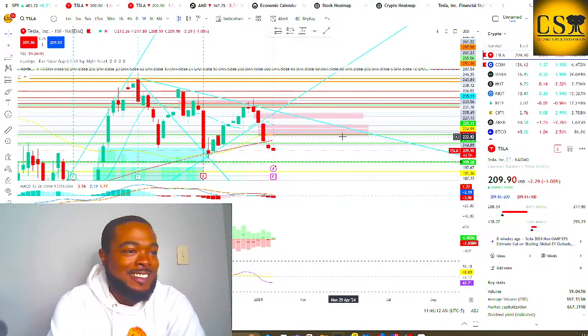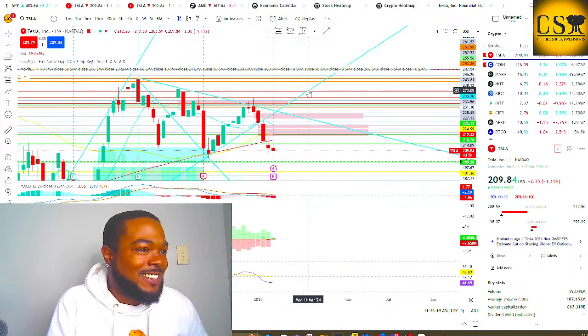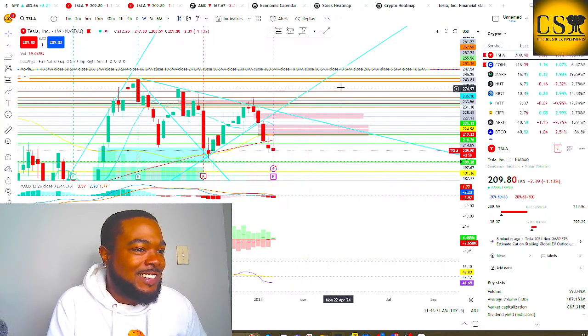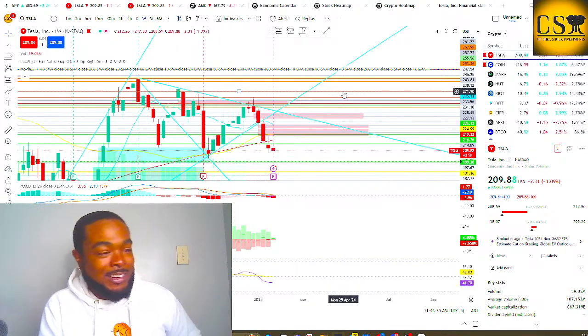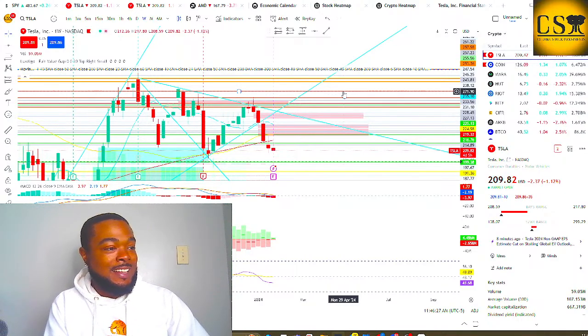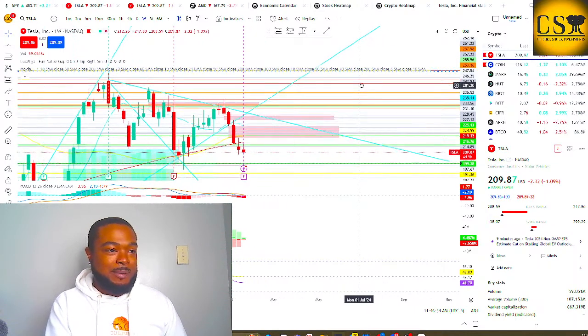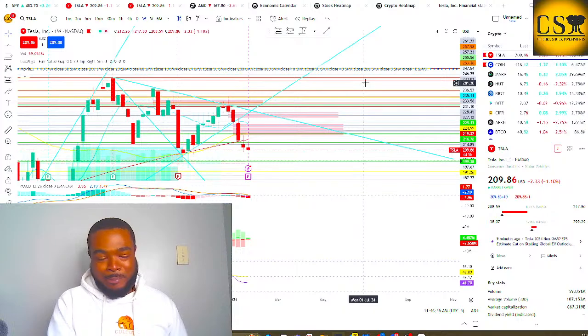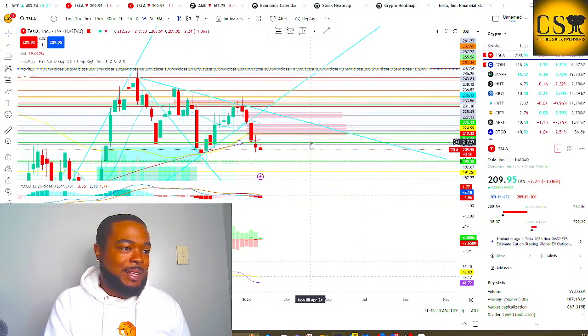We're going to look to ride Tesla out to say 272. That's where I have a level out. If we could ride Tesla from 200 to 272, that's over 30% in the stock price movement, and the option contract should be up well over 50% at that point. So let's see how this plays out. But that's the long-term move.